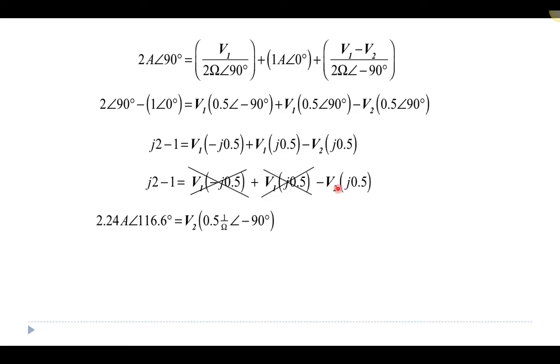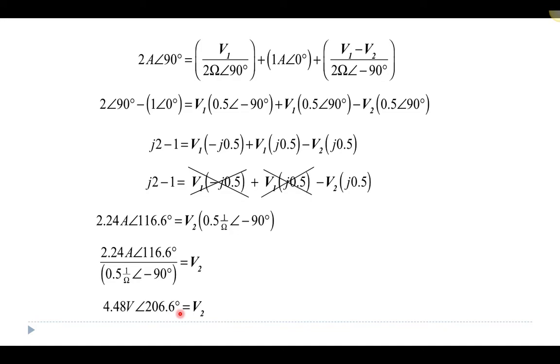I've taken this minus sign and multiplied it through here, and that's why this is a negative 90. So I've got an expression with these phasors, I can now solve for V2, dividing both sides by 0.5, phase angle of minus 90. And I end up with 4.48 volts with an angle of 206.6 degrees.